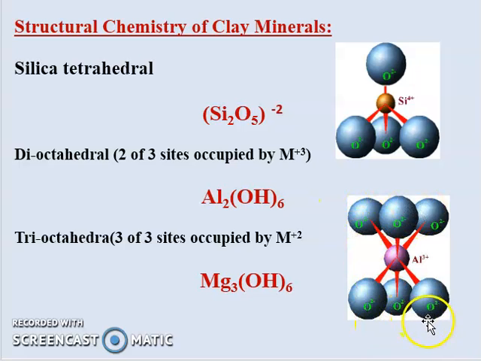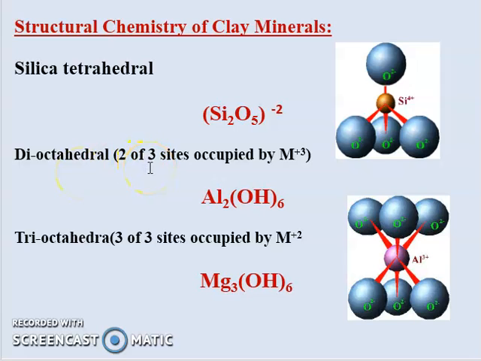There is a proton here, O minus 2, and H, so the net will be minus 1. The octahedral sheet is divided into 2 types. The first type is dioctahedral.